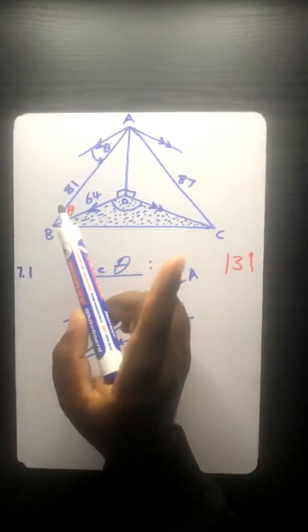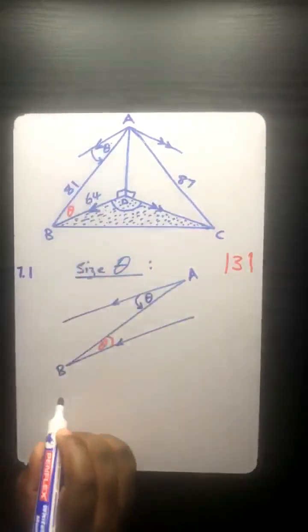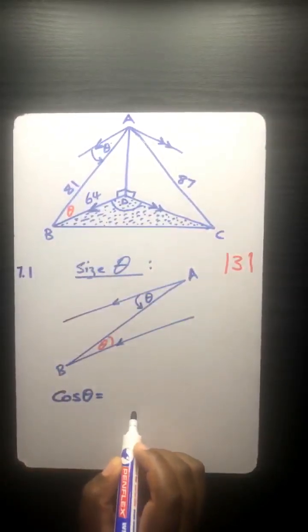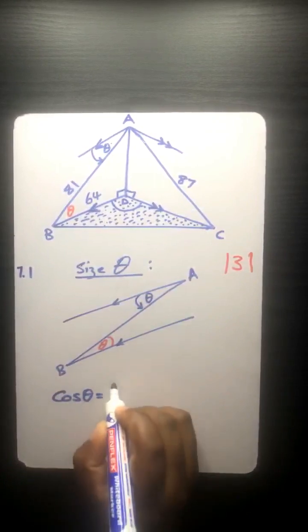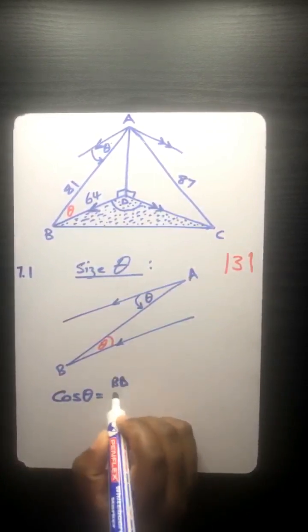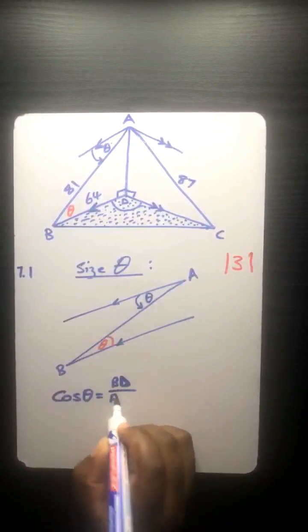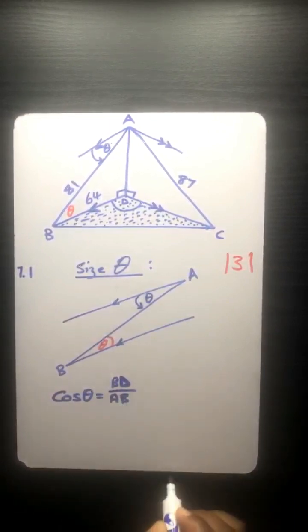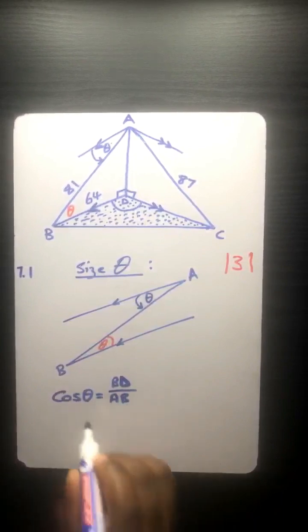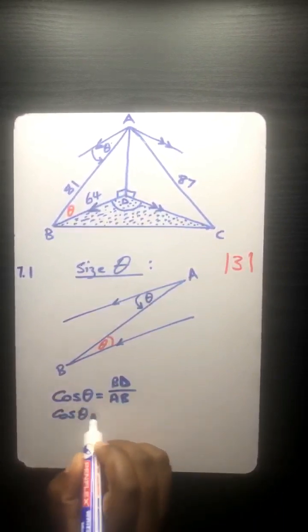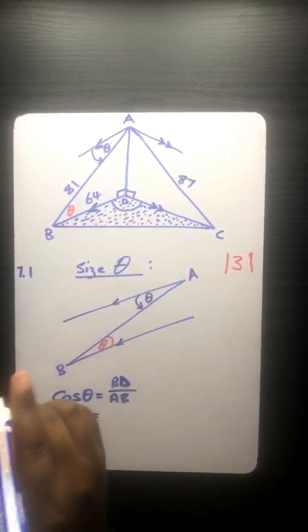Cosine is adjacent over hypotenuse. So we can say cos of that angle theta is equal to the adjacent, being BD, over the hypotenuse, being AB. What is BD?